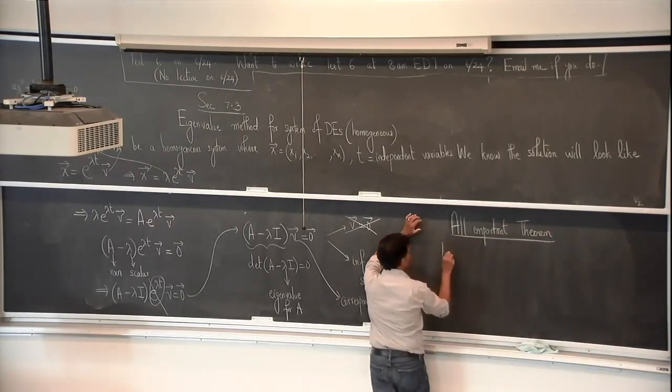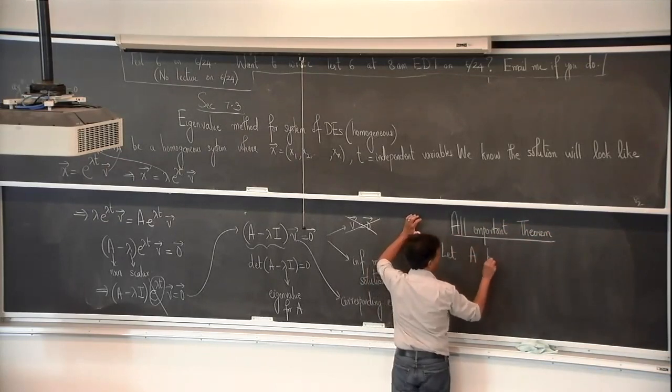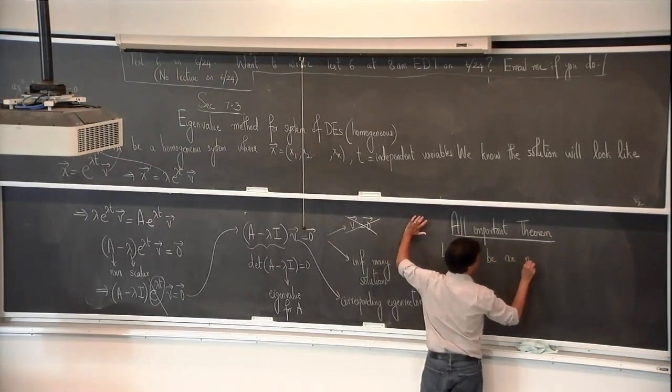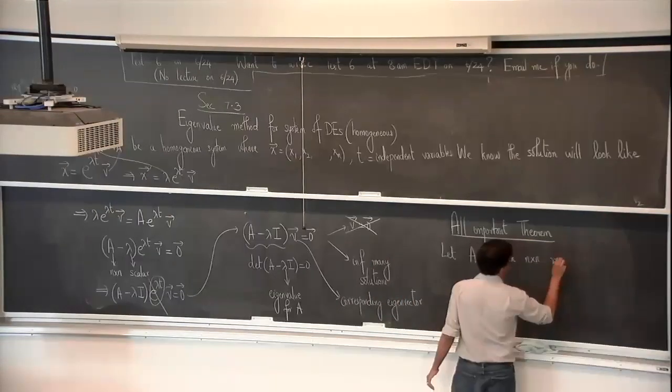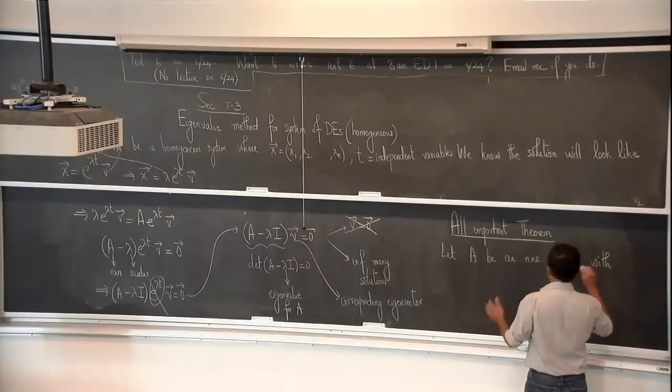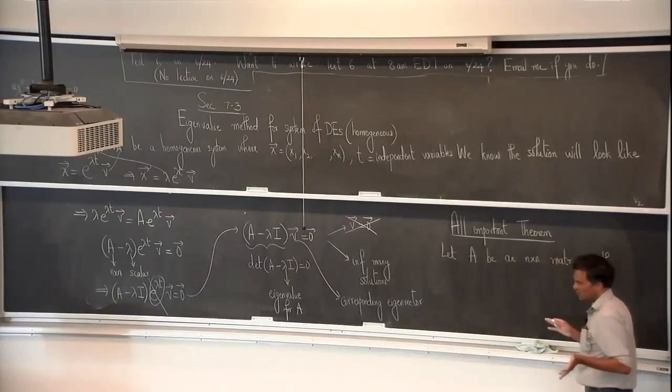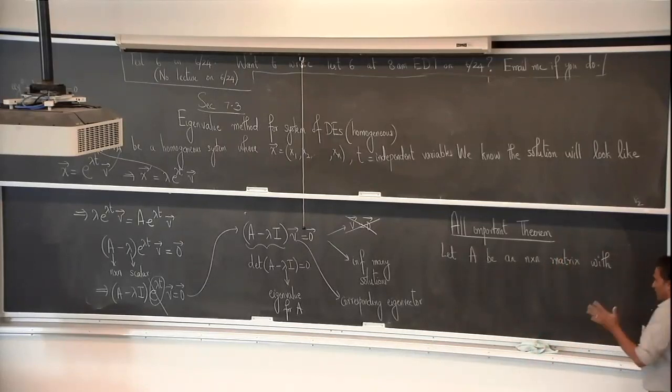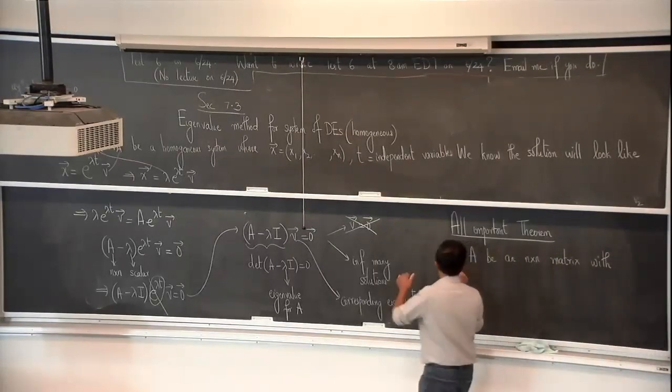So let A be an n by n matrix. Every n by n matrix comes with n eigenvalues. That is the guarantee that linear algebra gives you. Doesn't matter what the matrix looks like.